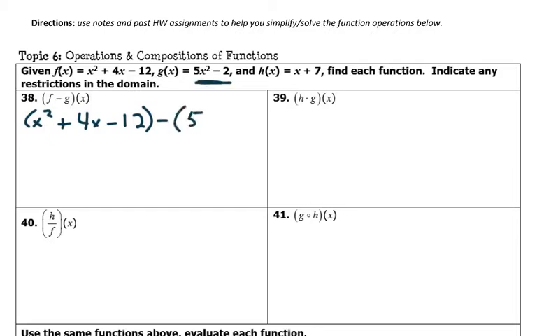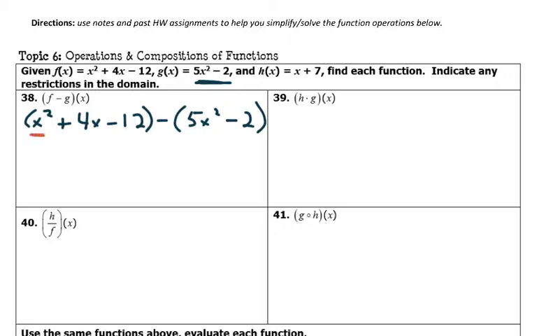If you would like to distribute this, you can distribute that if you'd like, or you can look at it as x squared minus 5x squared. Let's go ahead and do it that way.